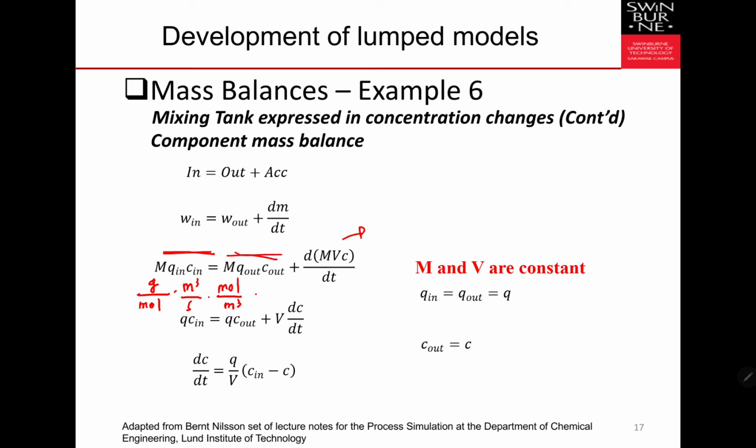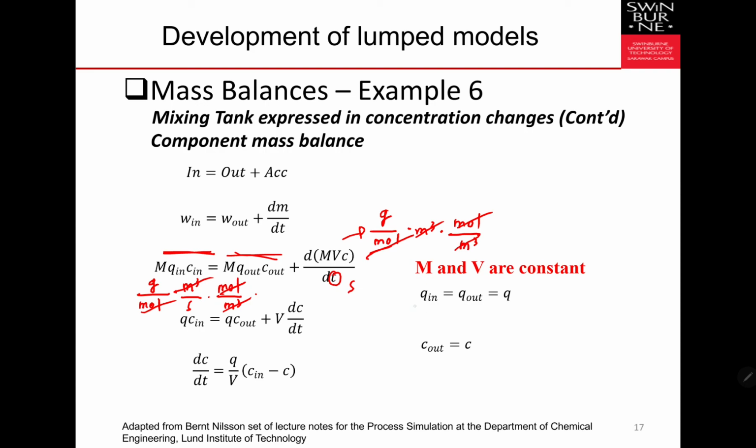In here, gram per mole multiplied by meter cube multiplied by mole per meter cube. So here we get gram per second. In here we should get gram, and then we have this T, which is equal to second.